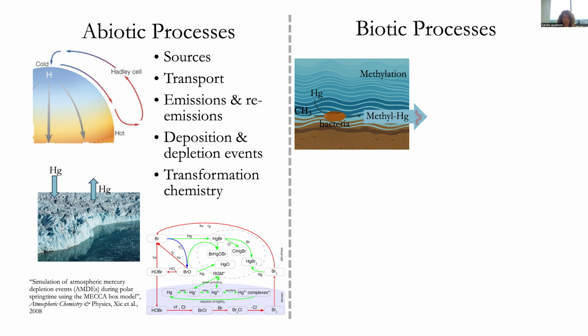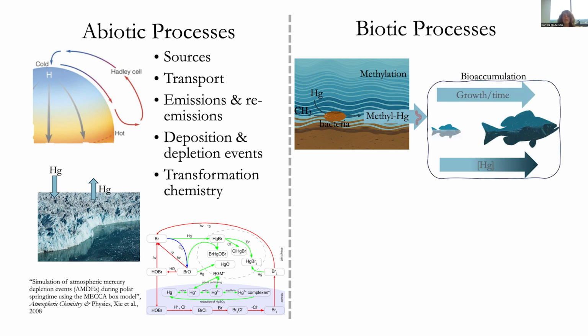So for mercury, our first step in the mercury that eventually we monitor in the char is methylation, which occurs in the sediments of aquatic environments. And then we have bioaccumulation, which is the increase in mercury in an individual organism over time.